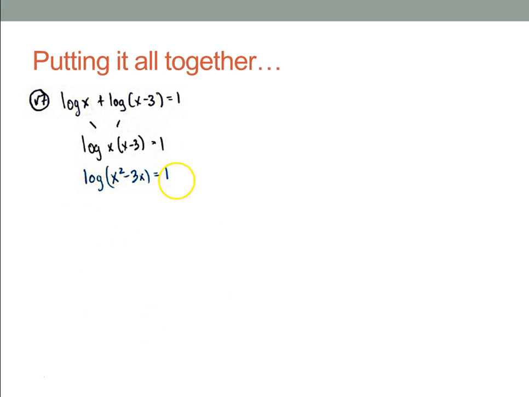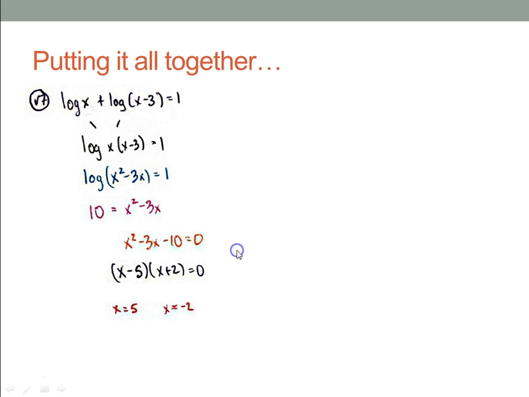The base here is 10, because we know that if there is no base, the base is 10. So I have 10 to the first power is equal to x squared minus 3x. I'm going to move that 10 to the other side. This gives me a quadratic. I can factor and solve this quadratic. Yes, negative 5 and positive 2 multiply to negative 10 and add up to negative 3.